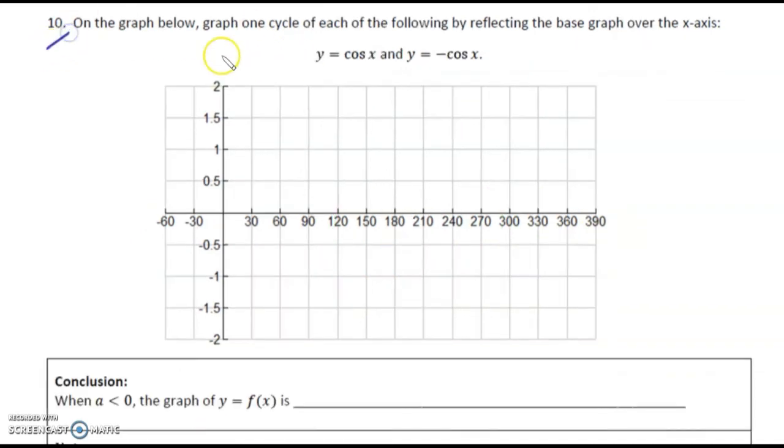Okay, number 10. On the graph below, graph one cycle of each of the following by reflecting the base graph over the x-axis. This time we're dealing with cos, at 0, 90, 180, 270, 360. So this is our cos graph.